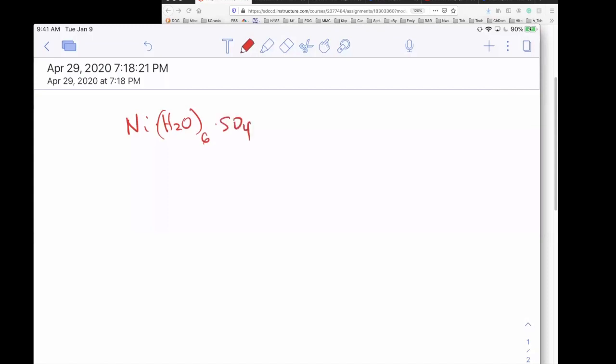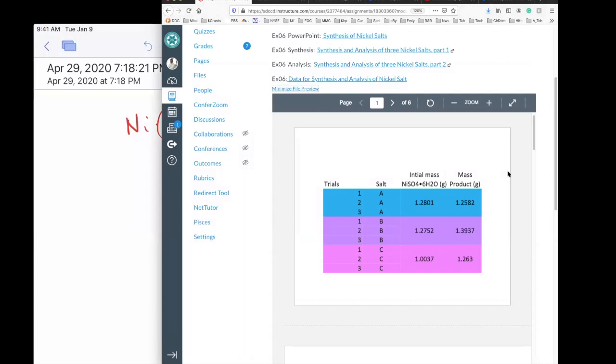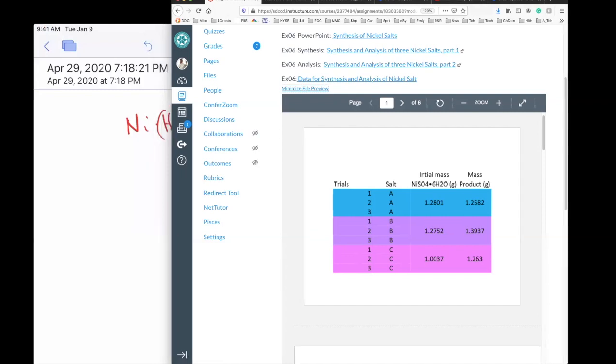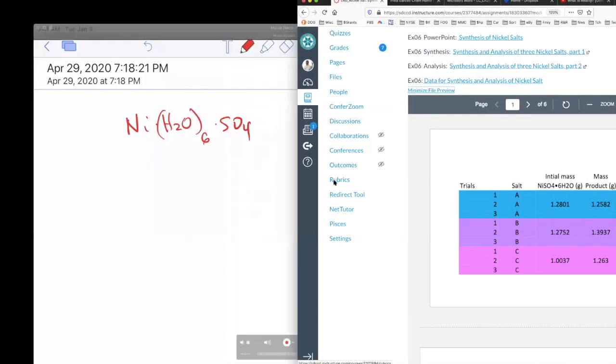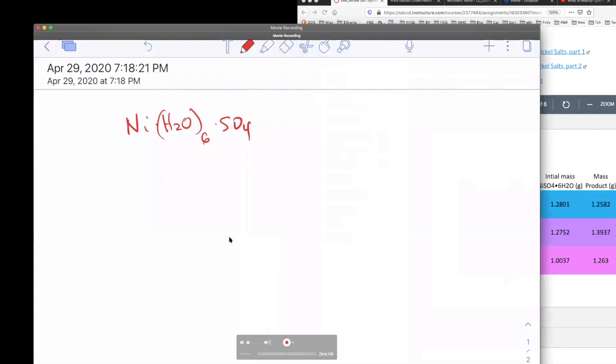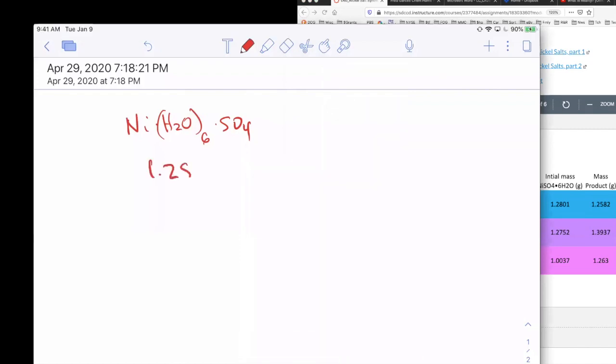That right there was the amount for salt A. If you read salt A, you used 1.2801 grams. Then you reacted it with ethylenediamine, and we're going to use en as a substitute for this structure right here. This is your ethylenediamine chemical. It's got a lone pair here.